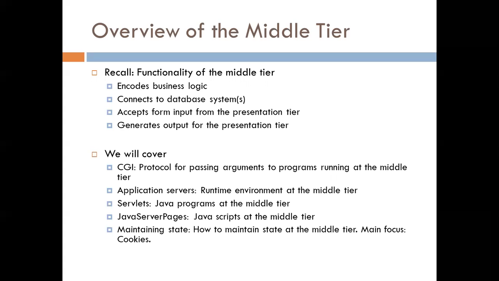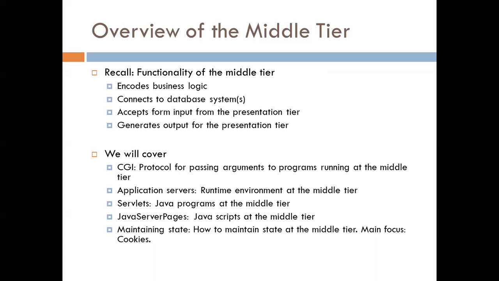Here we will be studying CGI, the common gateway interface. It is a protocol for passing arguments to the programs running at the middle tier. Then application servers, which are a runtime environment at the middle tier. Then in Java programming, servlets. A servlet is a middle tier Java program. Then Java server pages.